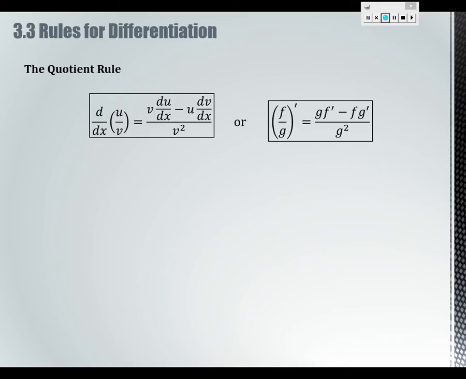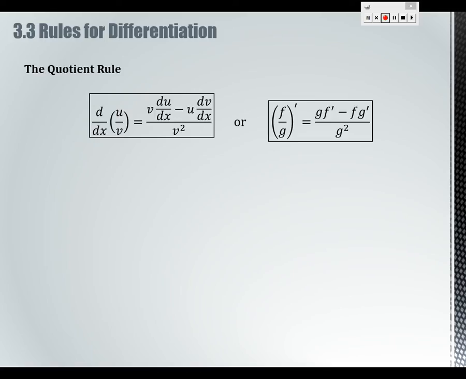So someone might come along and ask you, hey, what's the derivative of high over ho? You've probably been asked that before, right? Well, if we use the quotient rule, it's the bottom function times the derivative of the top function minus the top function times the derivative of the bottom function, all over the bottom function squared.